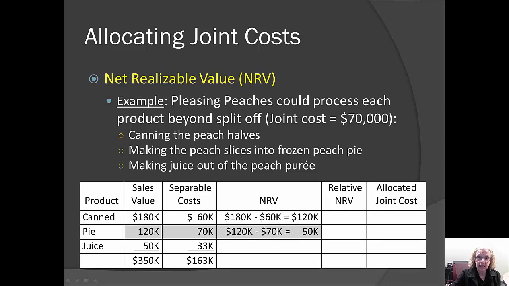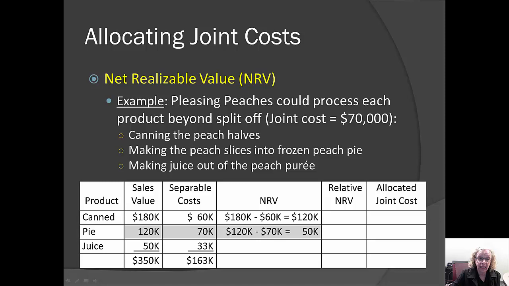Again, the sales value, if they turn the peach slices into pie, is much higher, but they also incur separable costs to do that. So the net realizable value for turning sliced peaches into pie is the difference between the sales revenue from the pies and the cost to make them.